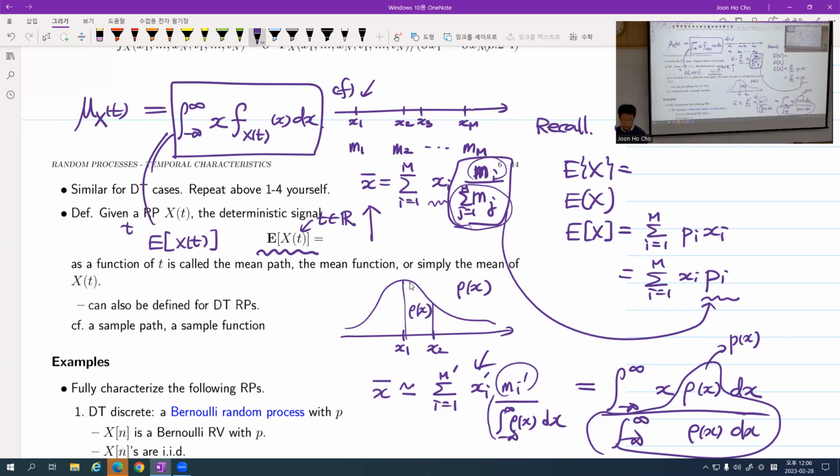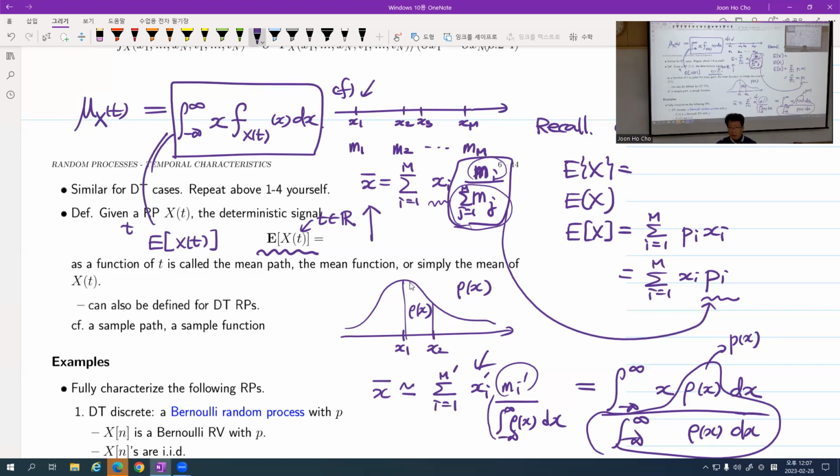So let me ask you a question. What is the expected value of a random process? A continuous time random process. A continuous time signal. Then similarly, since you are graduate students, I'm not going to write it down. Let's extend it. Given a discrete time random process, capital X of bracket n, what is the expected value of that random process?